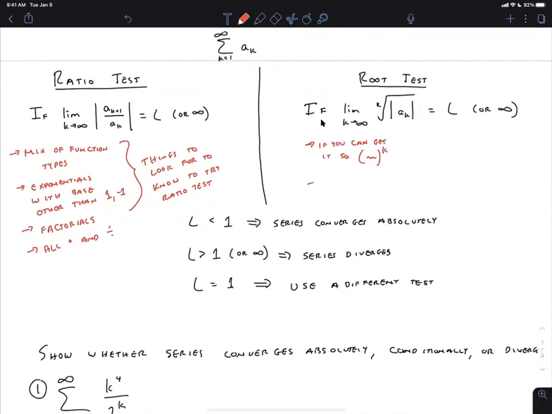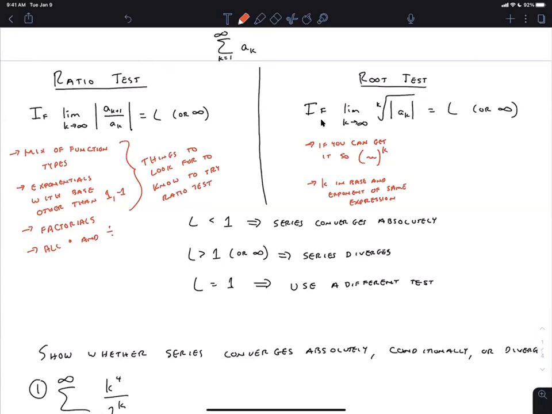Another key indicator is when k is in the base and the exponent of the same expression. So if you have k to the k, those are key indicators of when to use the root test.